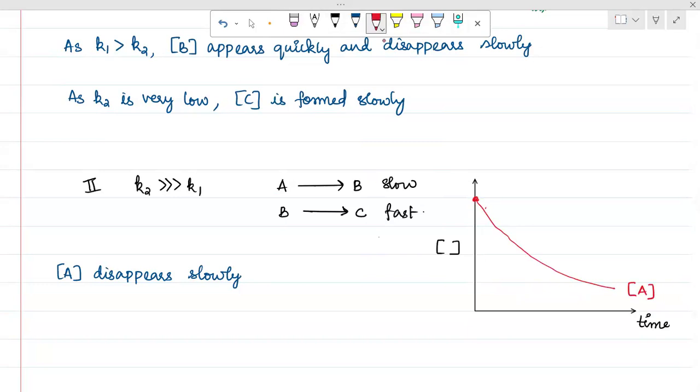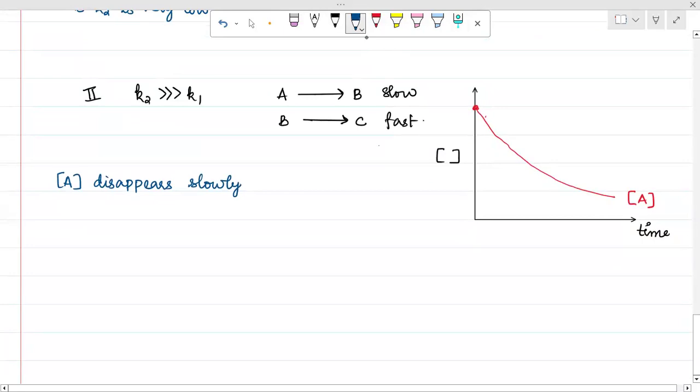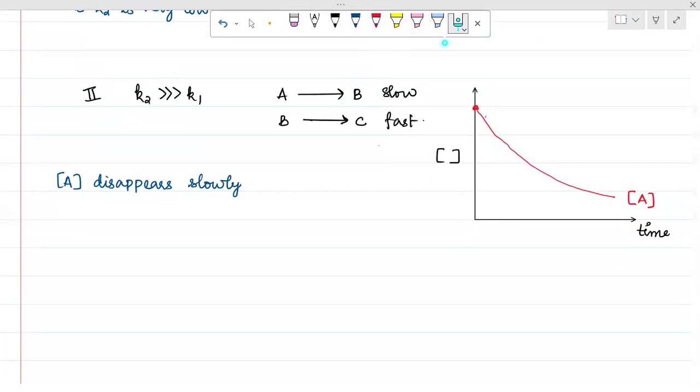Now what about the intermediate? Intermediate B is formed very slowly in the first step, but the moment it is formed, it quickly gets converted to the product. So B formation is very slow, but it disappears very fast.